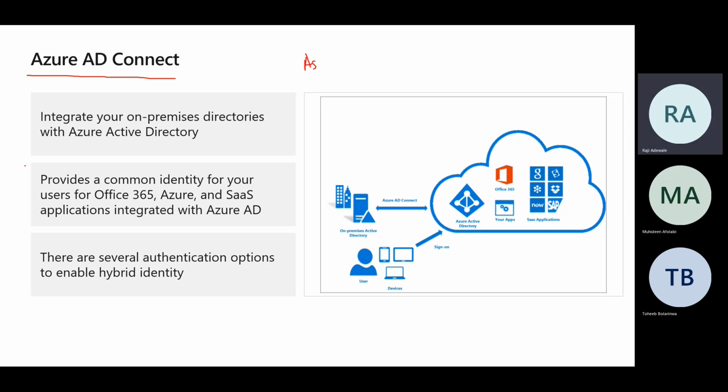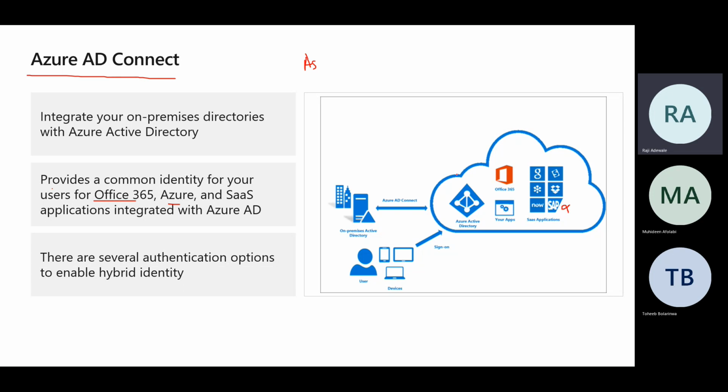You can use this setup to provide identity services, which include authentication, authorization, and the likes for any of your applications within the cloud, either Office 365, Azure itself, or even third-party applications like SAP, even Google.